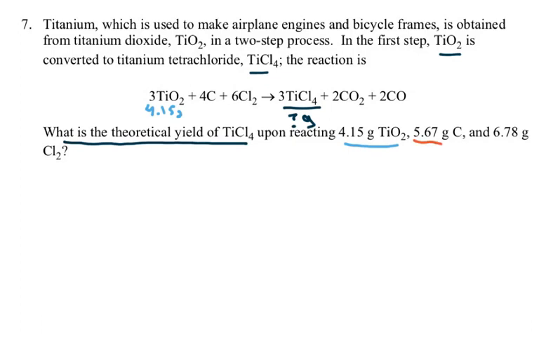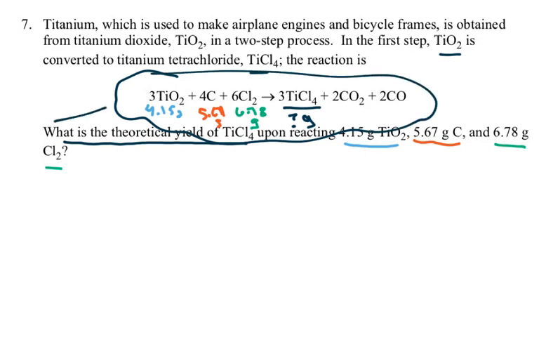We have 5.67 grams of carbon. 6.7, oops, sorry. Darn it. Let me use a different color. Let's do that one. 6.78 grams of chlorine. 6.78 grams. Again, I always draw my island.